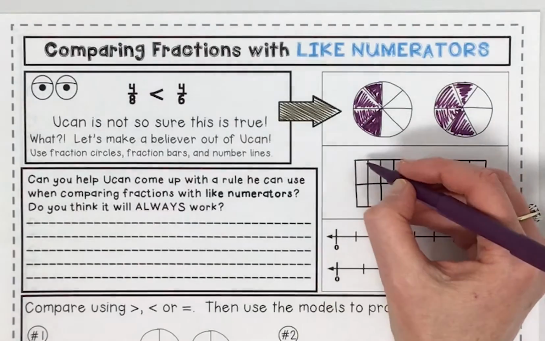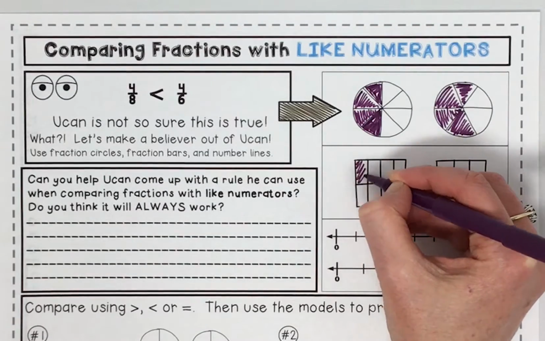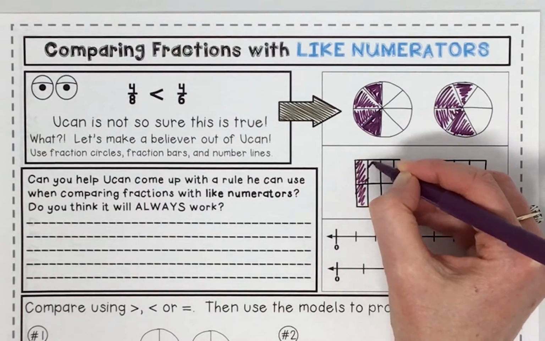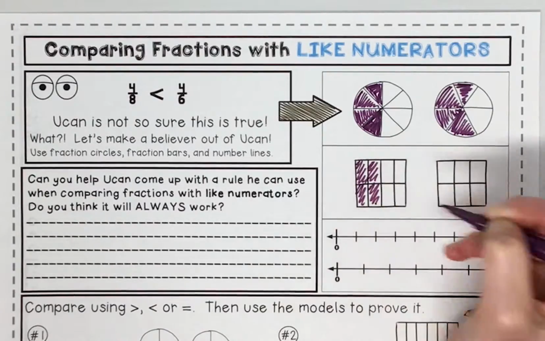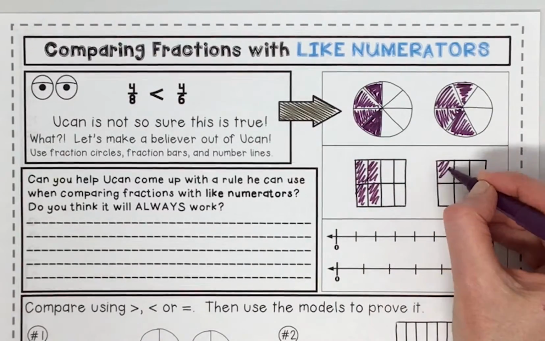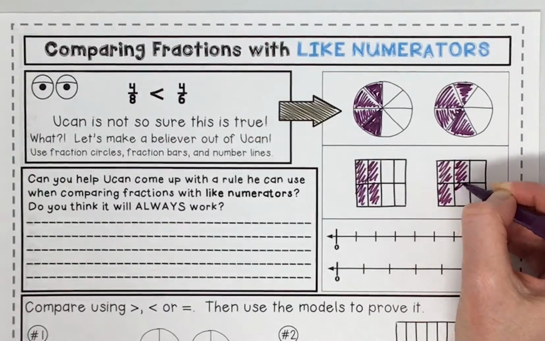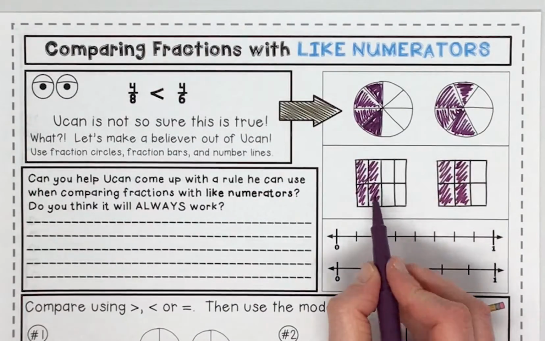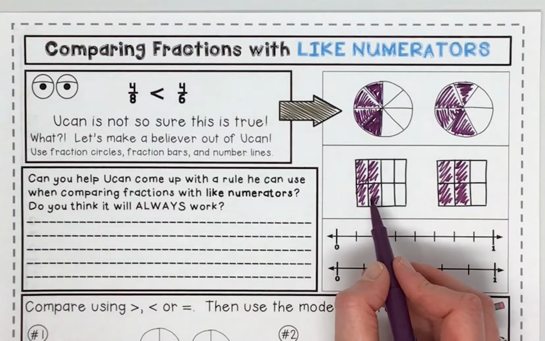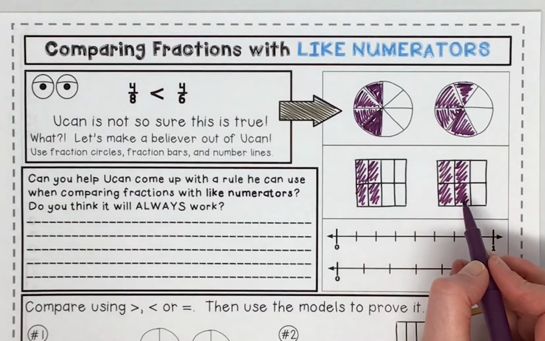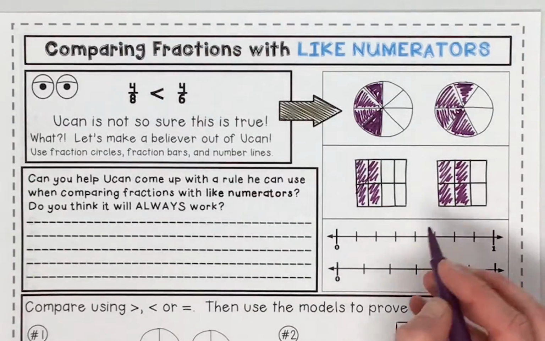So let's go down to this one. I'm going to go ahead and do 4/8 of this one. 1, 2, 3, 4. And I'll do 4/6 of this one. Sure enough, those 8ths are smaller, so 4/8 is smaller than those bigger pieces, those 4/6 of this other one.